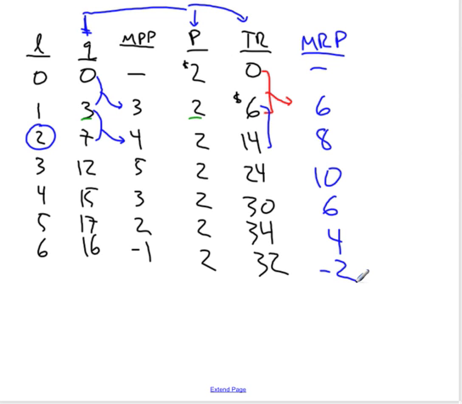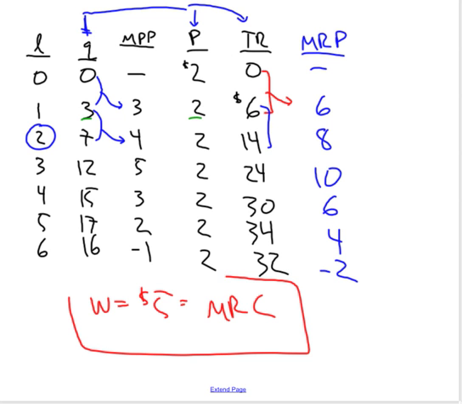Now, if we know the wage, let's say we're given that the wage the firm has to pay workers is $5 an hour, if these figures are hourly. If every worker can be hired for $5, a firm can hire as many workers as it wants for $5 an hour, then how many should it hire?